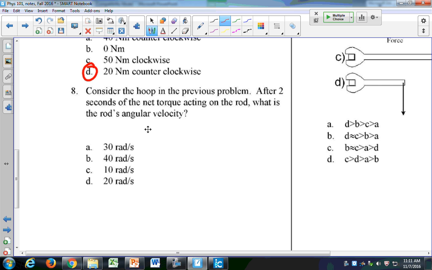All right, let's do number 8. After 2 seconds, with this net torque acting, what is the rod's angular velocity?